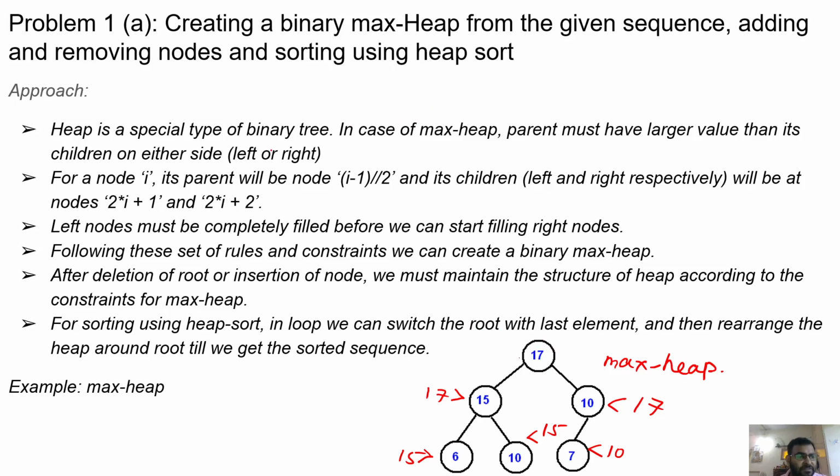Now, if we are looking at a node i, then the parent of this node will be (i minus 1) floor division by 2, and the left and right children will be 2i plus 1 and 2i plus 2.